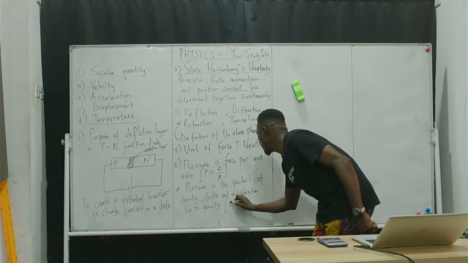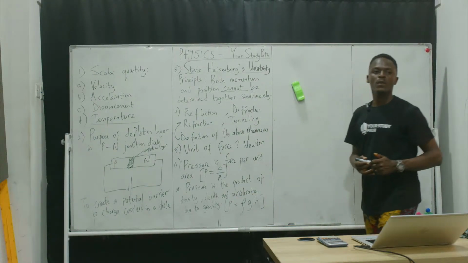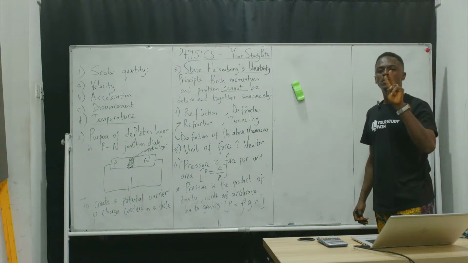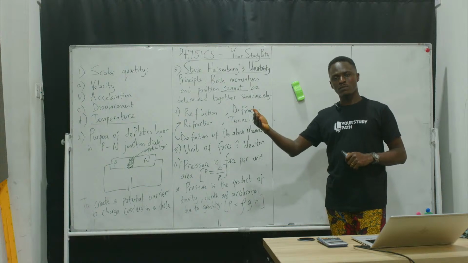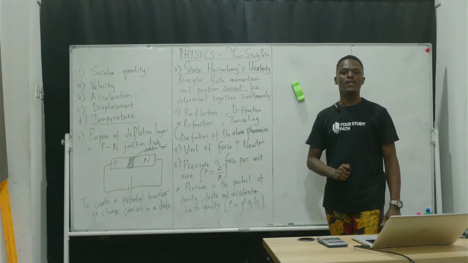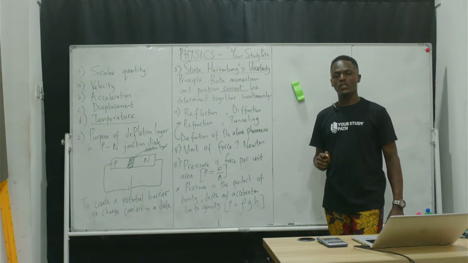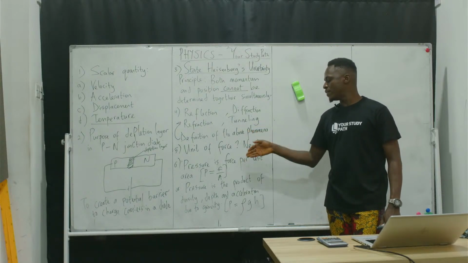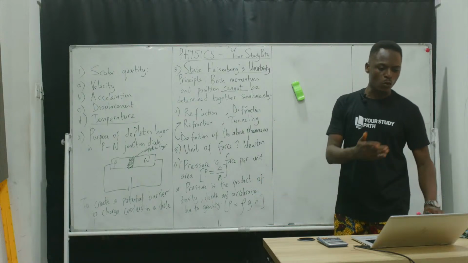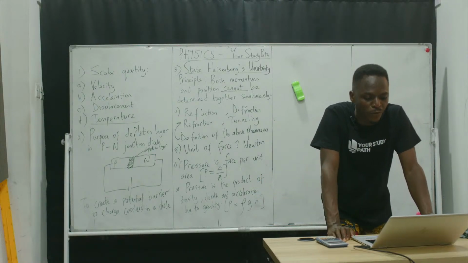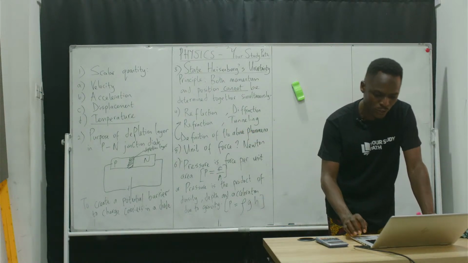So we have P equal to rho g h. I come again. Pressure definition can always be in 2 forms. If you are asked in terms of force, then you know you are dealing with force over area, or you are dealing with what? Pressure in liquid. Then you'll be dealing with the density, the depth, and the acceleration due to gravity, rho g h. So in the question, pressure is simply defined as force per unit area, as identified for solid pressure.